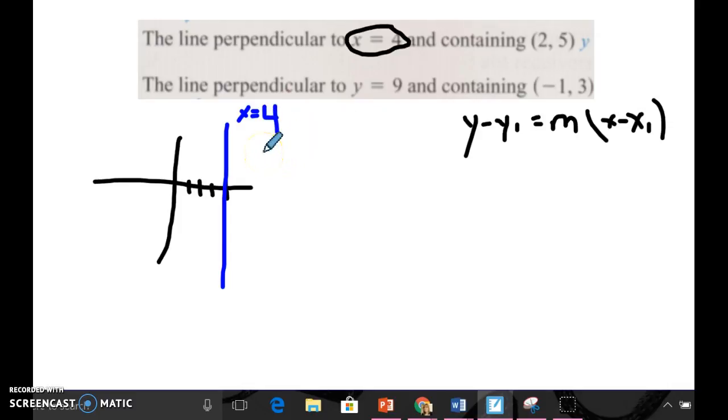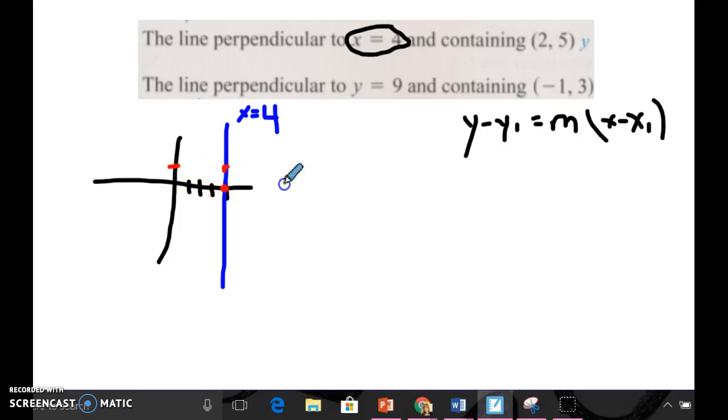What is the slope? If you were going to use this equation, what would the slope be? Well, this is a straight vertical line. The slope is undefined. I could pick any 2 points on this line, like (4, 0) and (4, 1).